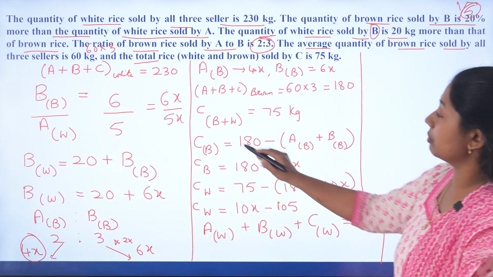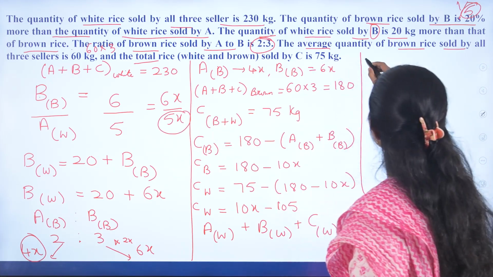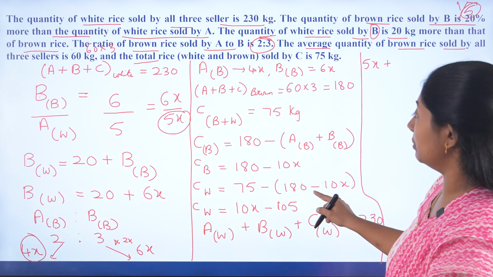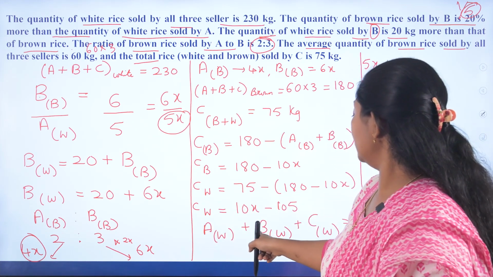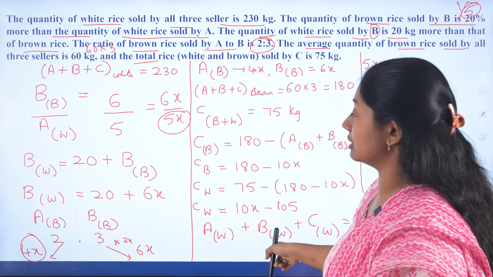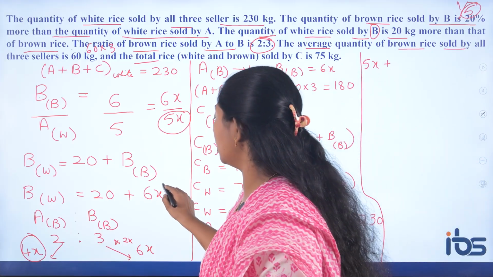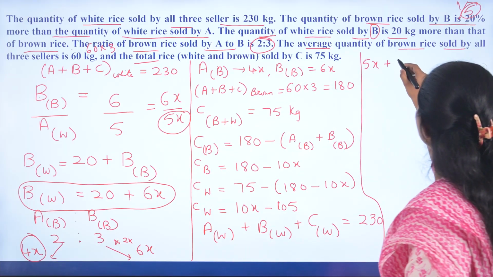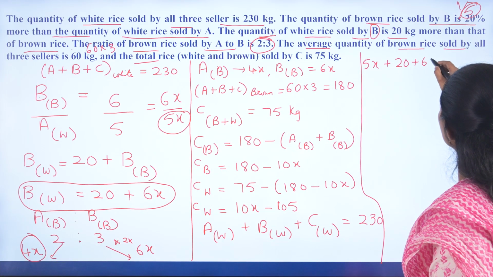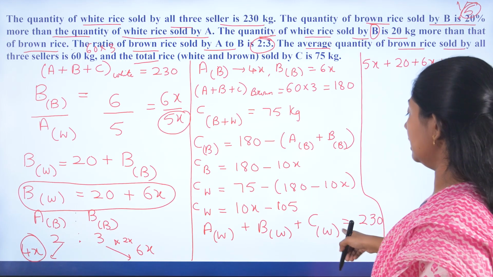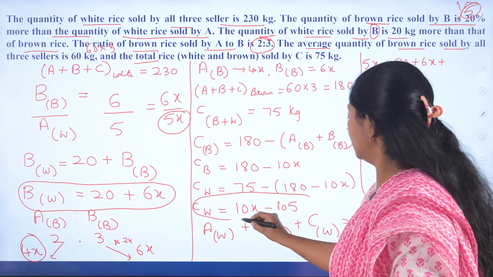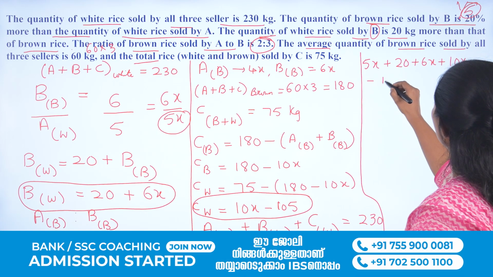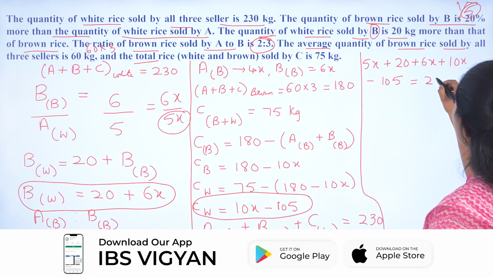So AW is 5x, plus BW, seller B's white rice, which we already have here, 20 plus 6x, plus CW, that is here, 10x minus 105. This whole value equals 230.